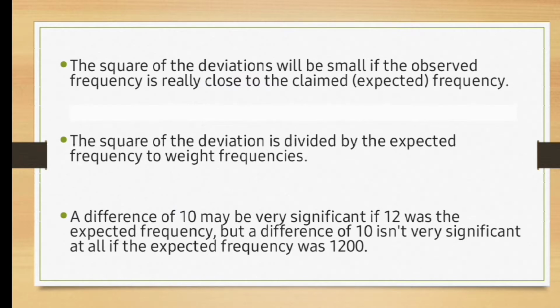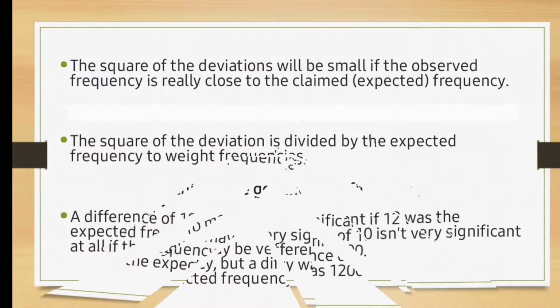The square of the deviation is divided by the expected frequency to weight frequencies. A difference of 10 may be very significant if 12 was the expected frequency, but a difference of 10 isn't very significant at all if the expected frequency was 1200.